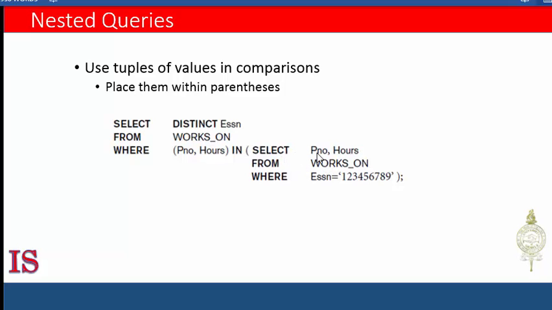It is selecting project number and hours, the same attributes that you see in the WHERE clause, from WORKS_ON where the employee social security number is 123456789, which would have been Mr. Smith. Let's take a look at this query. We're asking for the employee numbers, ESSN, I assume is the employee number, from the WORKS_ON table, where the project number and hours are the same as the project number and hours in WORKS_ON of Mr. Smith.